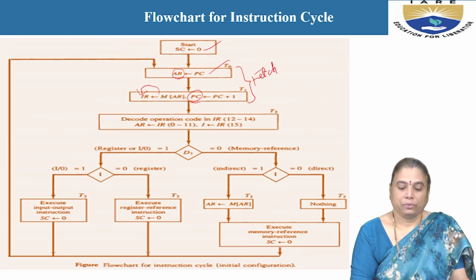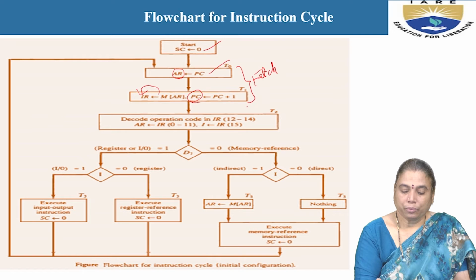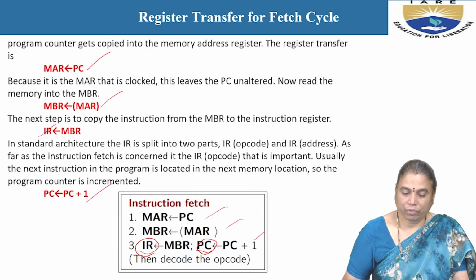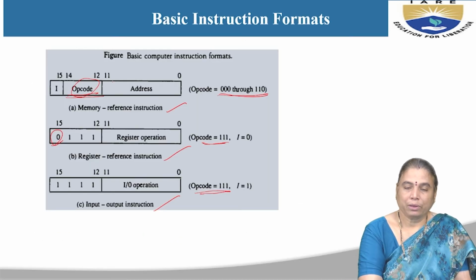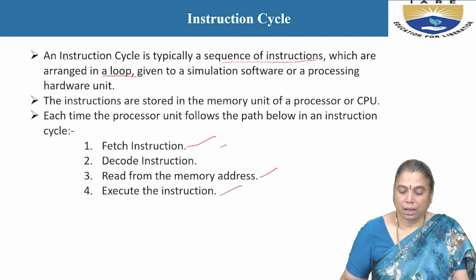The second step is to decode the instruction. During decode, the instruction format is used. In the instruction register, bits 0 to 11 are used to specify the address, bits 12 to 14 are used to specify the opcode, and the 15th bit is used to represent the I value.